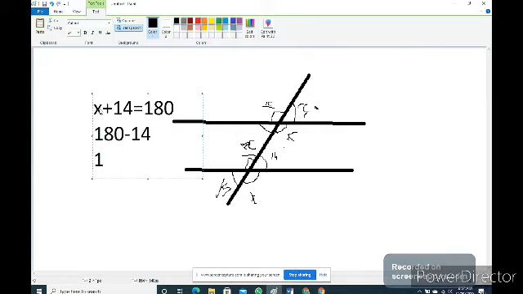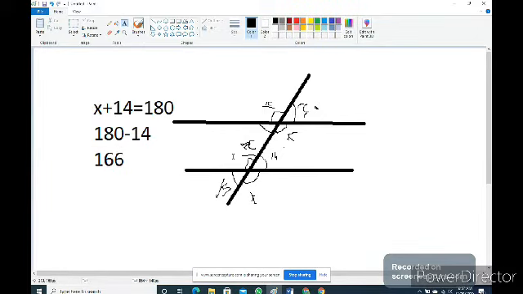So it is going to be 166 degrees. The value of x is going to be 166 degrees, and here we have found this using vertically opposite angles, same side of a transversal, and then alternate interior angles.